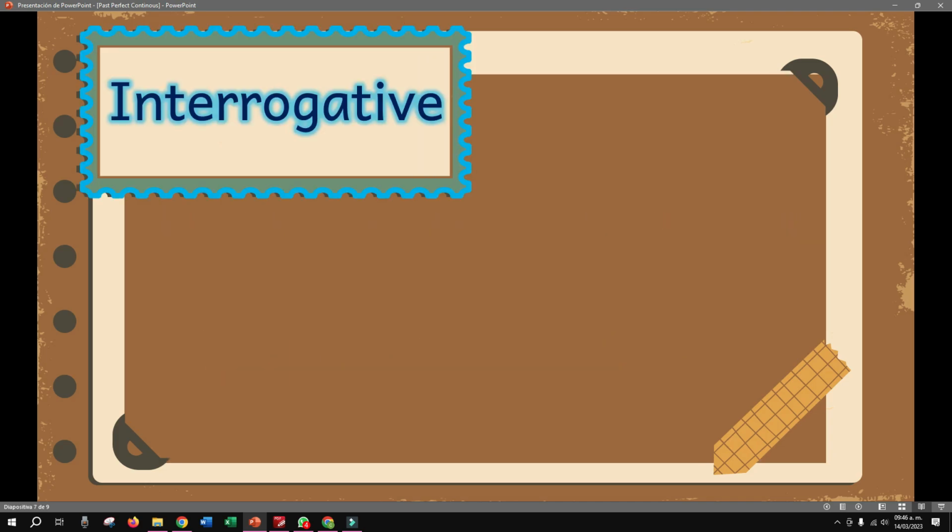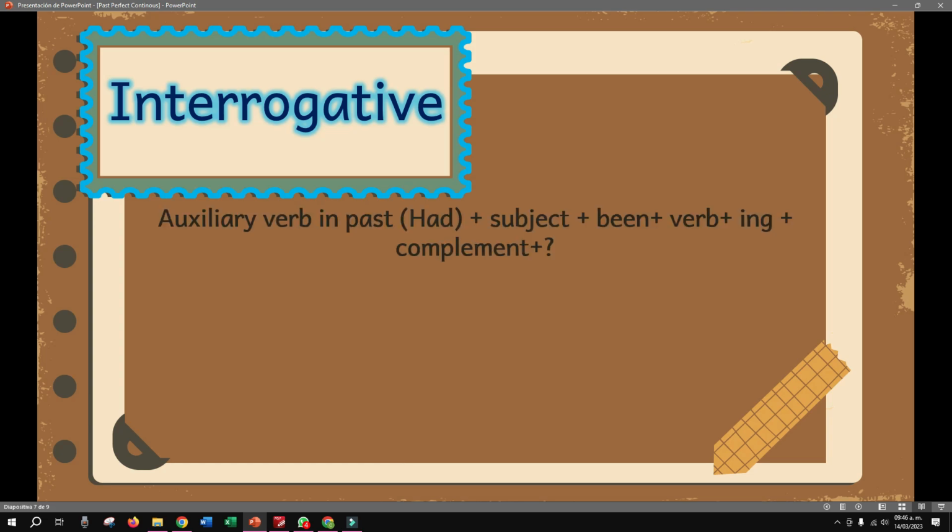What about the interrogative form? Also, we have interrogatives. If we're going to have just a yes/no question, first of all, we're going to use the first auxiliary, that is had, right? So, had plus the subject plus been plus verb plus ing plus complement plus the question mark, right?